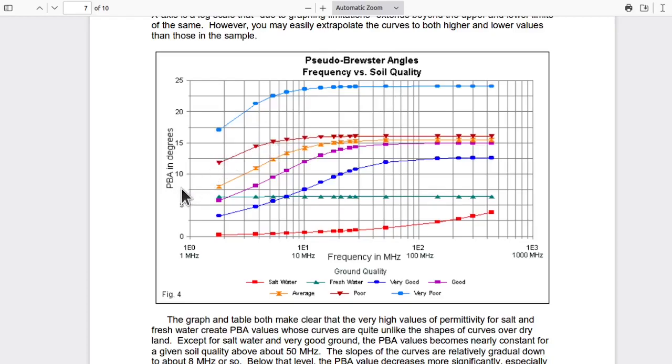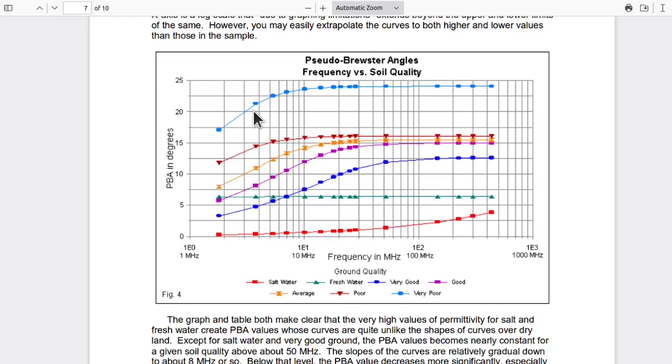And here we find that the pseudo-Brewster angle varies from 0 to about 17.5 degrees at a very low frequency of 2 megahertz. Up here in the 80 meter band, it's 20 degrees takeoff angle from a vertical monopole over this kind of ground with a radial system.